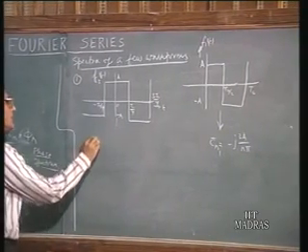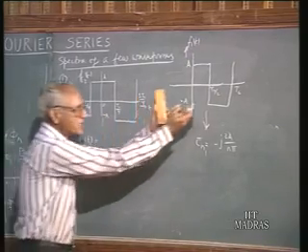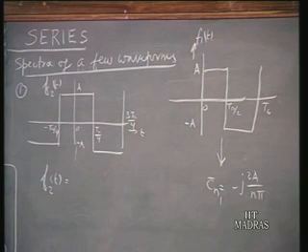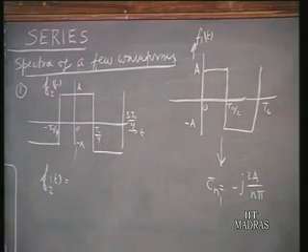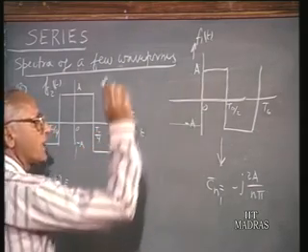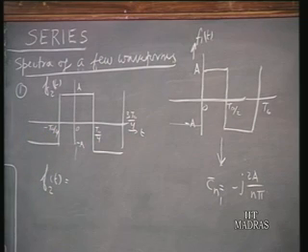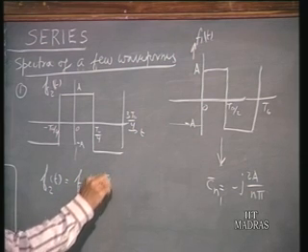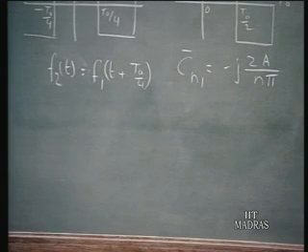In fact, f2 of t is obtained by advancing this by a quarter period. Suppose similar events are made to occur t naught by 4 seconds earlier, then this waveform is obtained from that. So a rise from negative a to plus a occurs at 0, now that occurs t naught by 4 seconds earlier. Therefore, f2 of t can be written as f1 of t plus t naught upon 4. So the whole thing is advanced by t naught by 4 seconds.